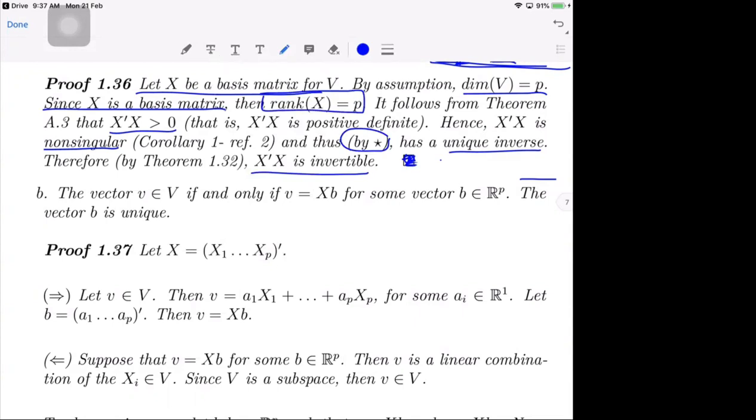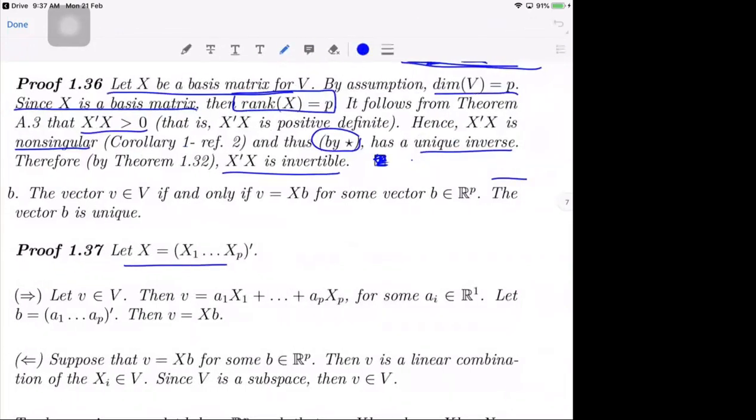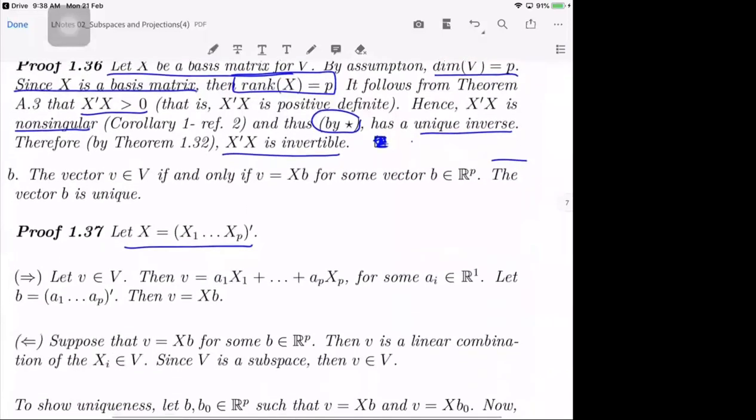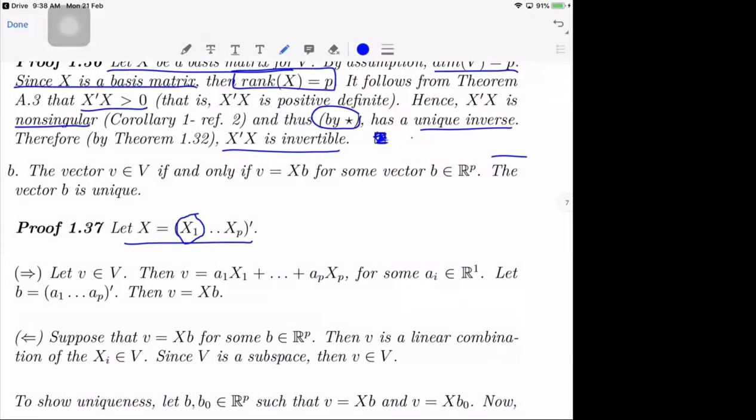Okay, so let's prove this. Okay, X is a basis matrix. Suppose you have X of this form. So this is the transpose. What is the dimension of X? n by p. So each of these has n entries, the x_i. If I write it as x1, x2 to xp, it is n by p.